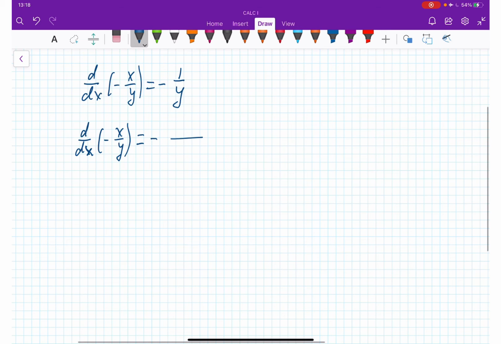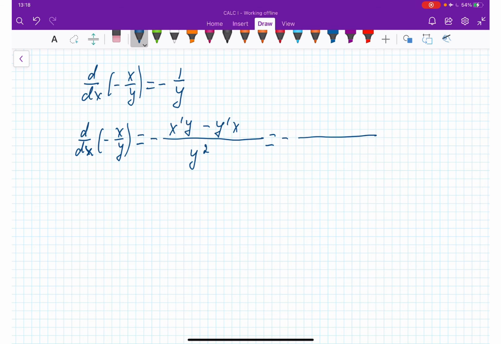Negative, applying the quotient rule, x prime y minus y prime x over y squared. The derivative of x is 1, so here we have only y, minus x times the derivative of y, which is dy by dx, divided by y squared.